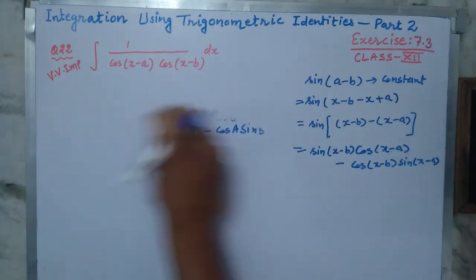So now we substitute this identity here.